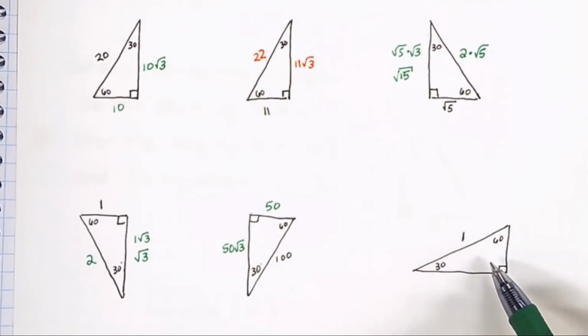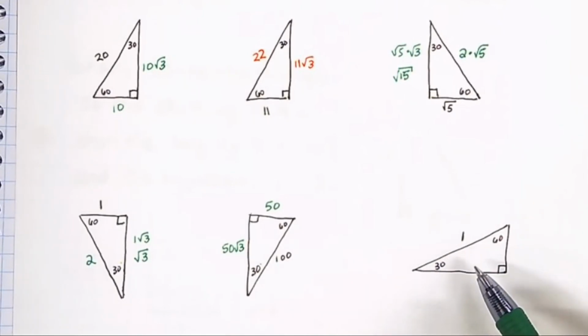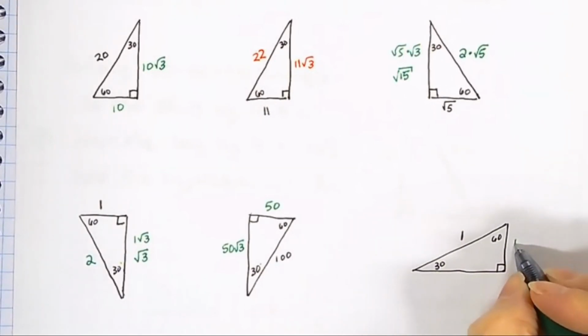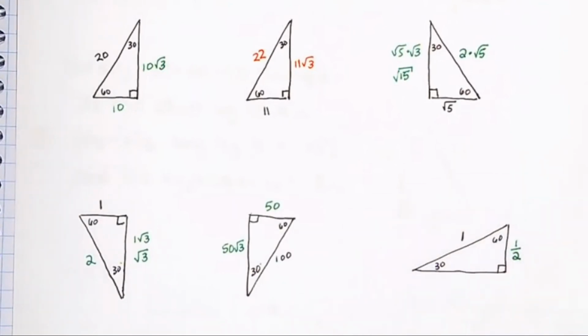Now this one is a little harder because we're going to have to deal with fractions. In this case, my hypotenuse is 1. It's across from the right angle. The side opposite the 30-degree angle is going to be half of that. And while I know many of you would like to write 0.5, I'm going to really encourage you to write 1/2. The side opposite the 60-degree angle is the short leg times root 3.